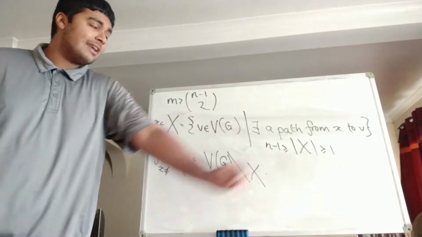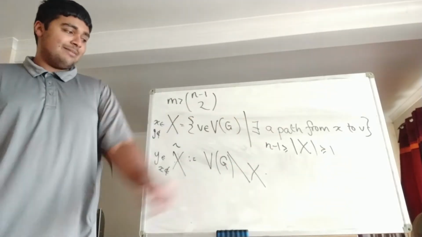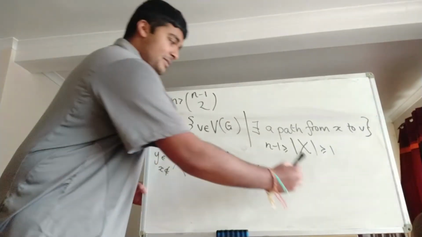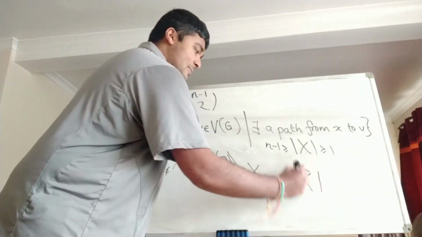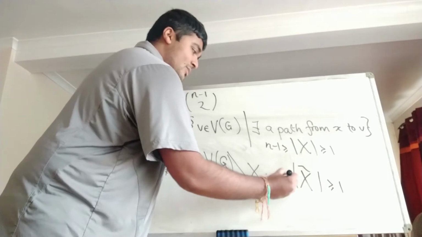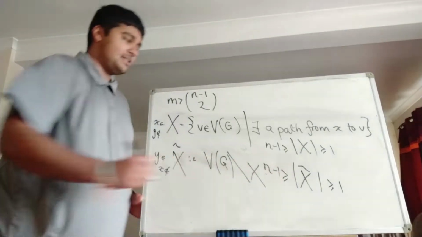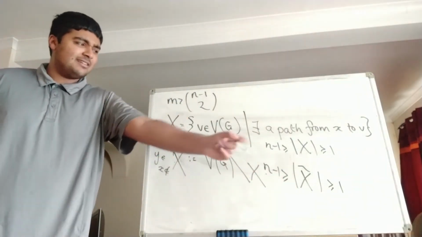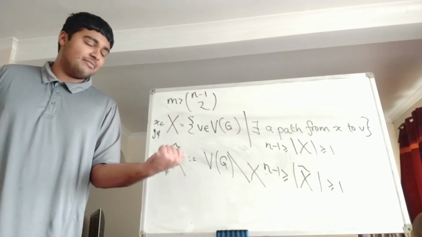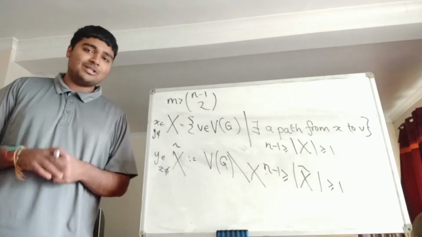So we know the cardinality of capital X is between 1 and n minus 1, and using a very similar argument, x tilde is also between these bounds: it's bigger than or equal to 1, but at most n minus 1. Hopefully this was quite easy to follow. Let me clean up the whiteboard and we'll continue.